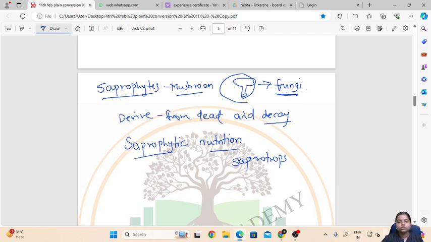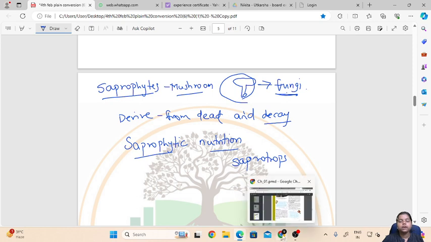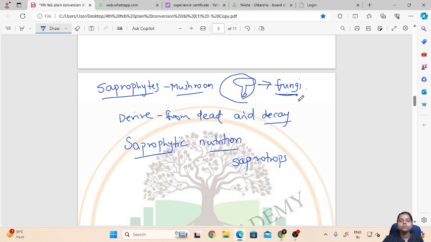Understood? Fungi have something very different: they obtain nutrients from dead and decaying matter, so that is called saprophytic nutrition.